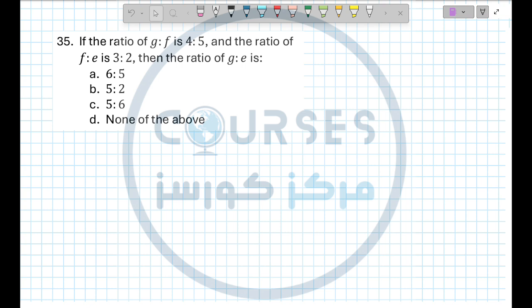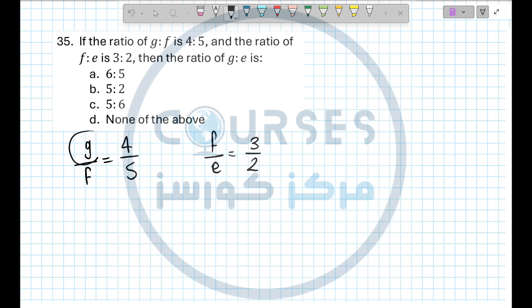If our question is all ratios, just write them as fractions. So we have G over F equals 4 over 5. And the second one, we have F over E equals 3 over 2.